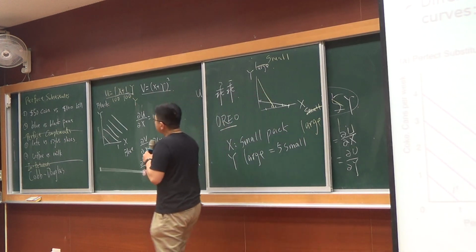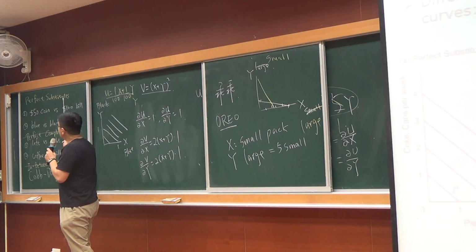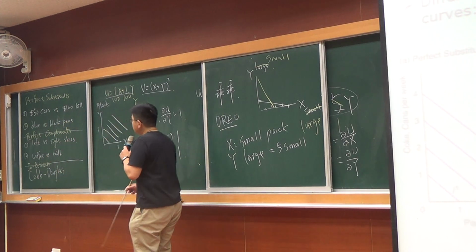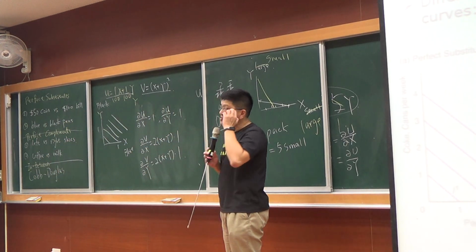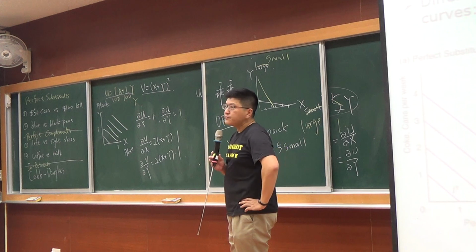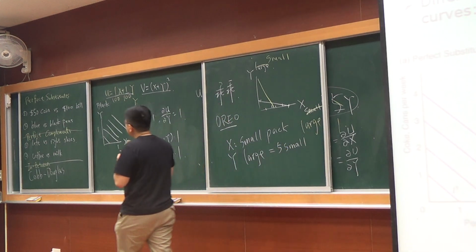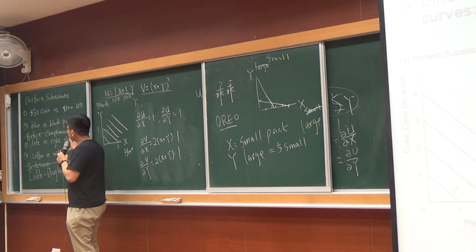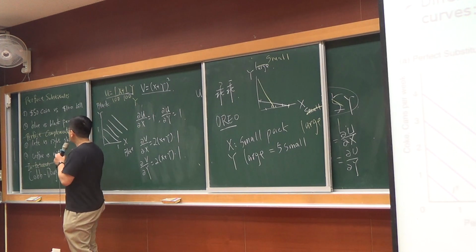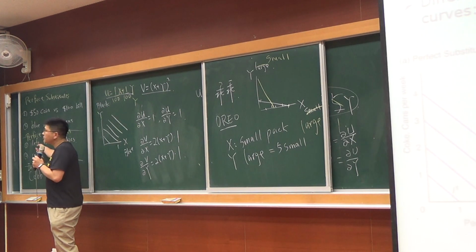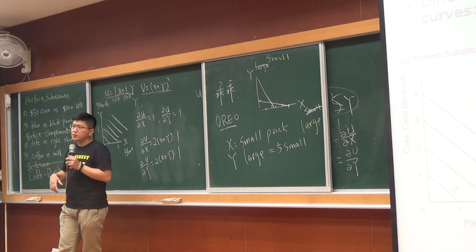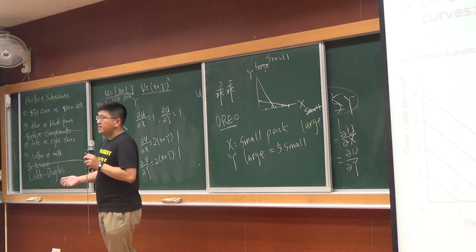Alright, so let me assume that all of you are good at perfect substitutes. Let's go on to perfect complements. Last week I gave you the example of left shoes and right shoes.